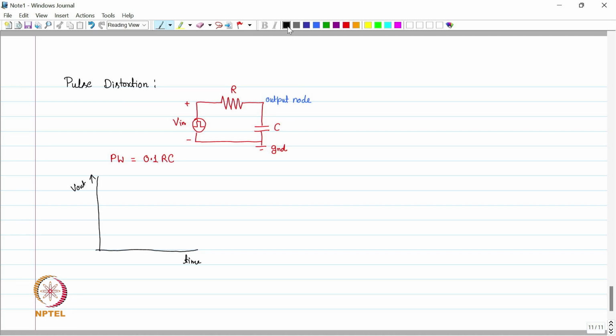The second case we take for a pulse width equal to RC.